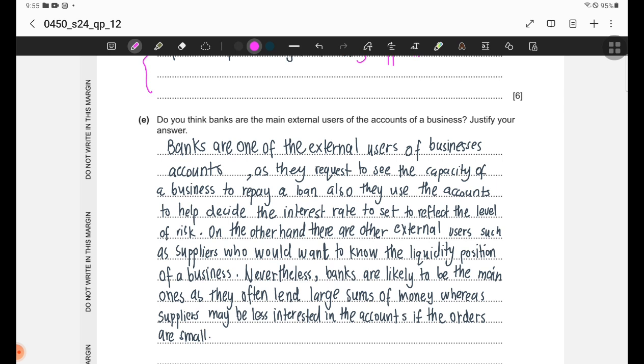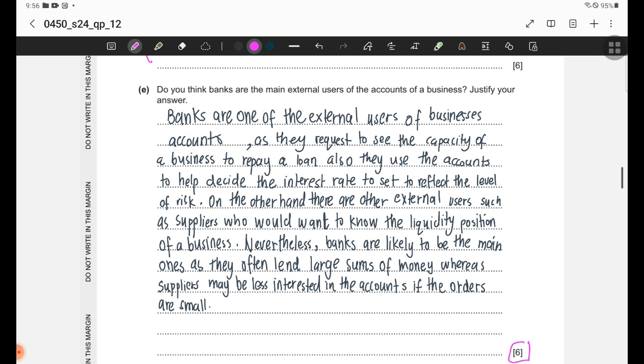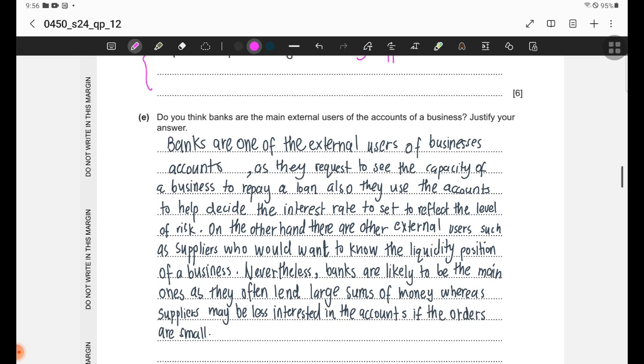It's up to you, but judging from the marks, it's only 6, so I believe you should only mention one and make it short, like a one-answer response, in order to limit your answer and stick to the mark allocation. Maybe you can make your original answer about the bank 4 marks, and then a mark for the second one. Here I chose suppliers as my second user.